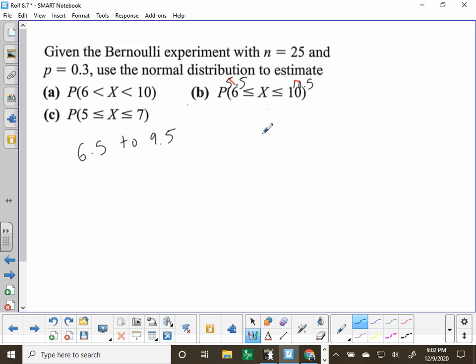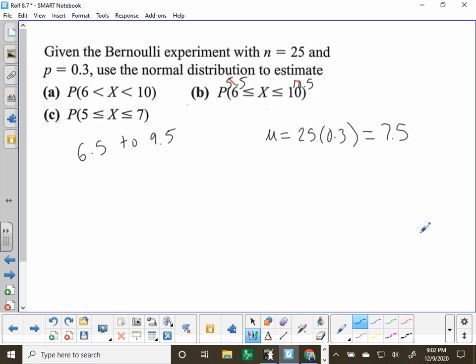So now we need to know the same things we did before. The expected value is N times P, so that would be 25 times 0.3. So that should be 7.5.